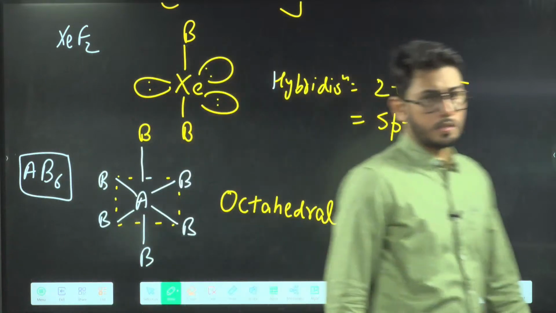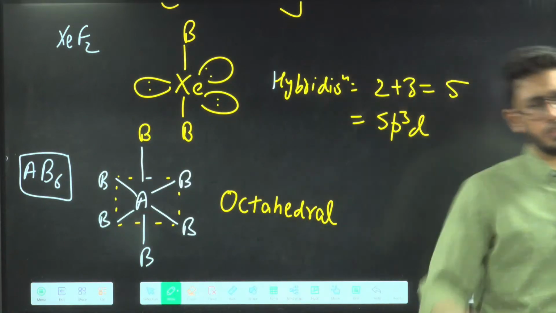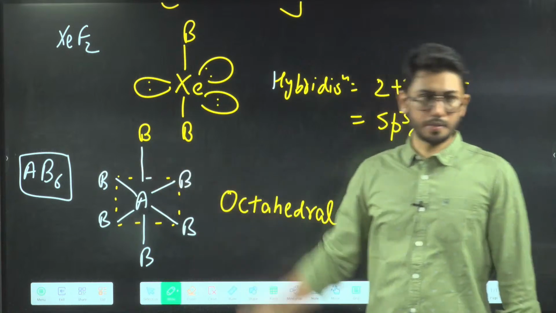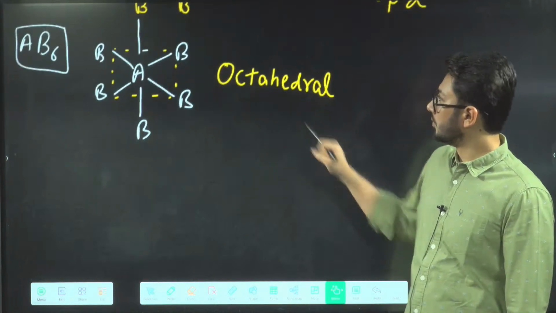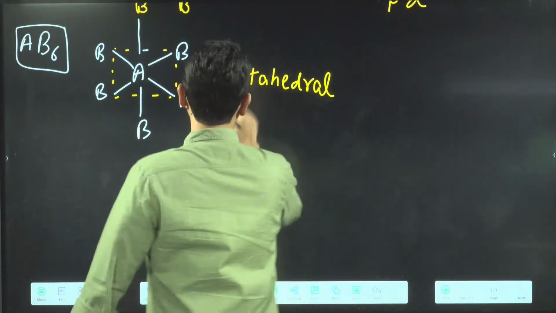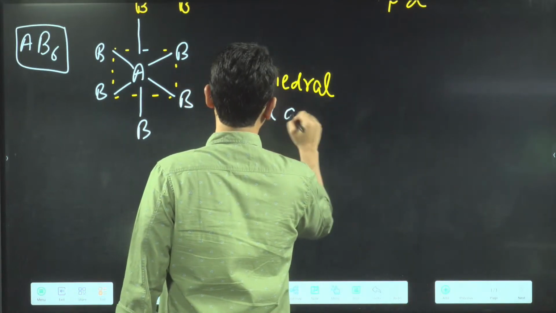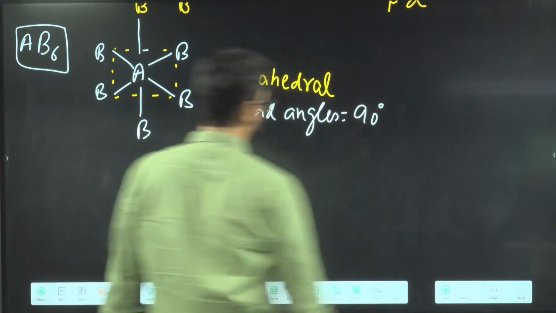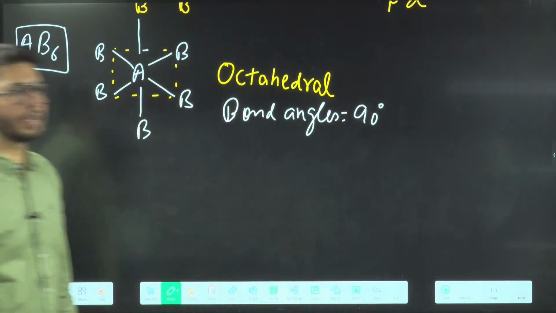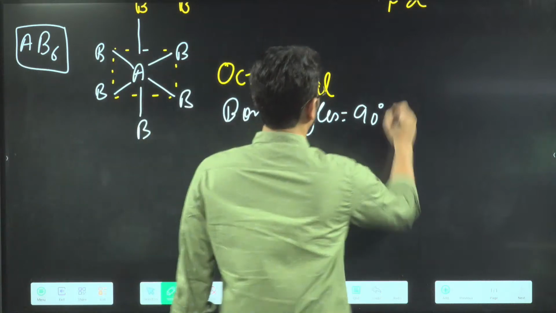Square planar will be derived from AB6 geometry. Here, bond angles are 90 degrees. All adjacent bond angles are 90 degrees.